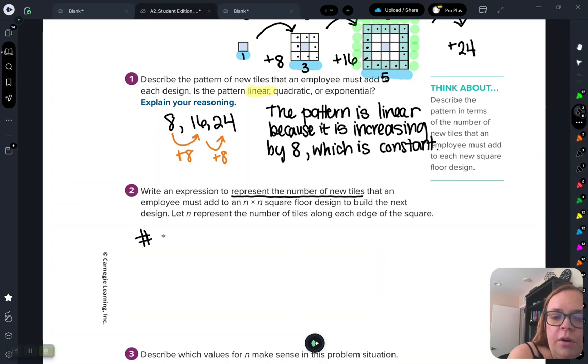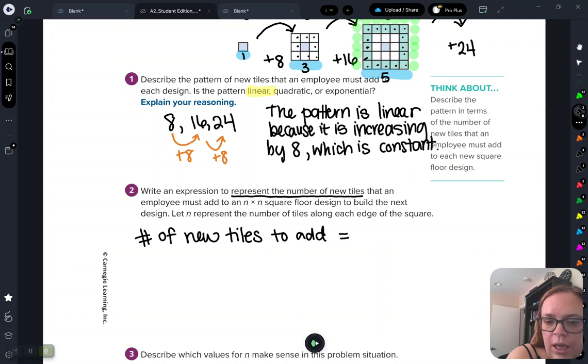So number of new tiles to add equals, well, now we don't know the rest of it yet, but we'll make a table.